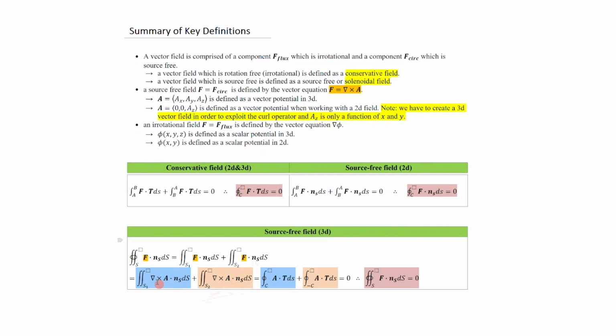And so to be consistent with Stokes' theorem, you have to go around the contour in the opposite direction. That's why there's a minus sign shown here. So this term and this term are equivalent except they're opposite in sign, which means if I add them together, I get 0. So the ultimate end statement would be that this integral over a closed surface is equal to 0.